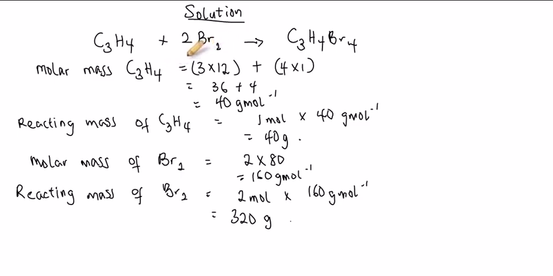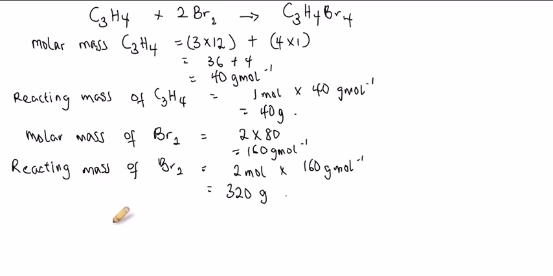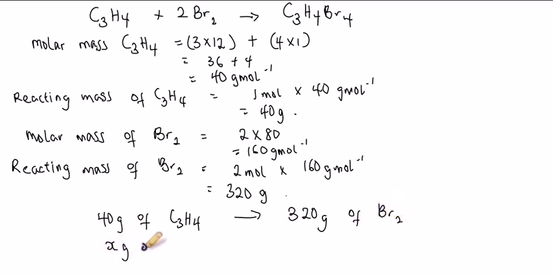In the question above, we are made to understand that 8 grams of bromine is present, and we have to calculate the mass of propyne that will be required. So to do that, we'll use the relationship saying that if 40 grams of propyne requires 320 grams of bromine, then X grams of propyne will require 8 grams of bromine.